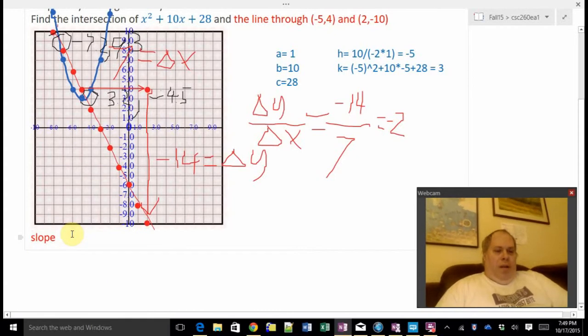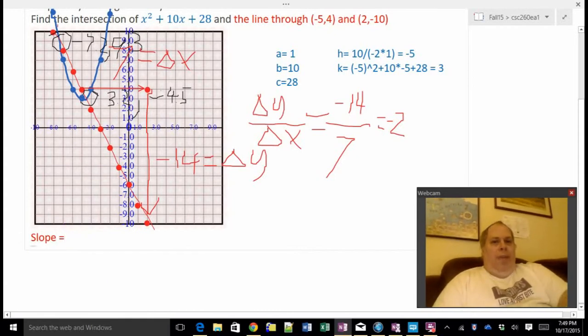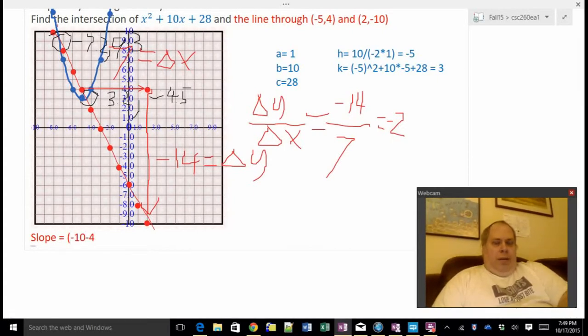Slope is going to equal, as you see, negative 10 minus 4 divided by 2 minus negative 5, which is going to be negative 2.